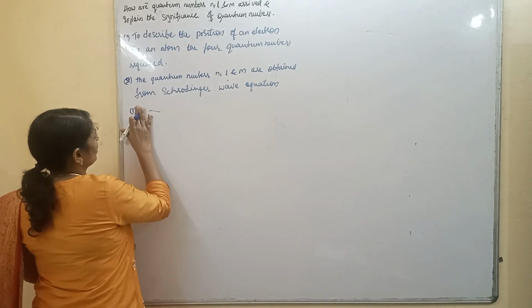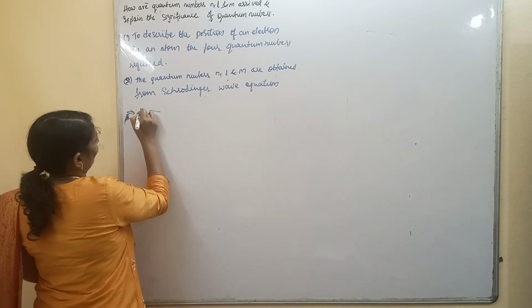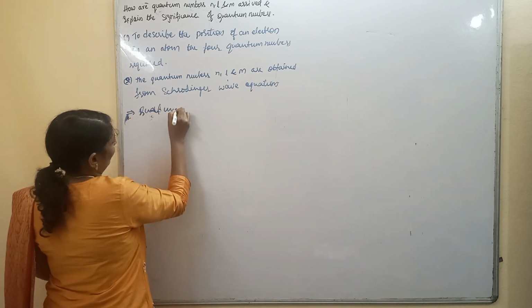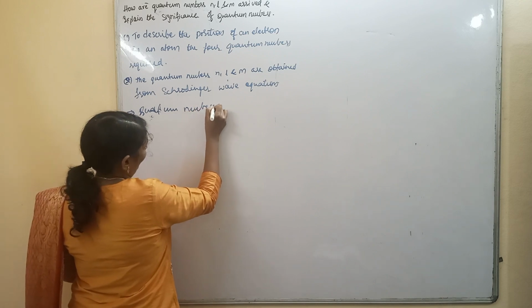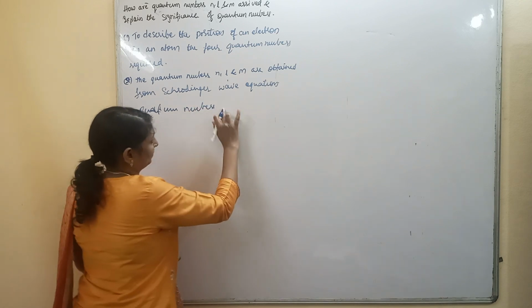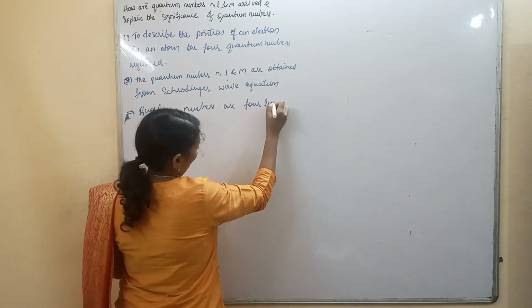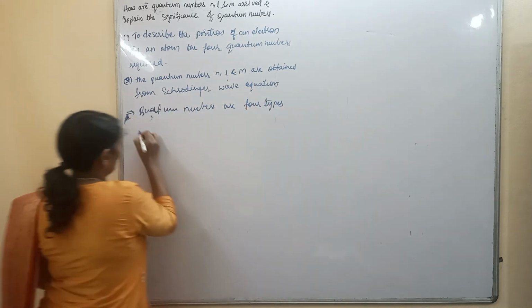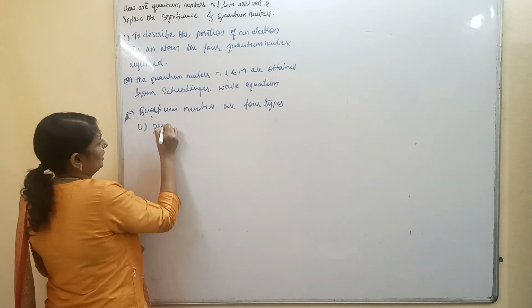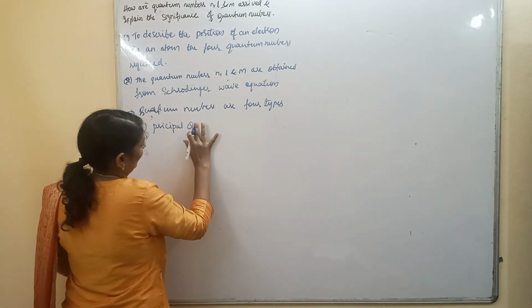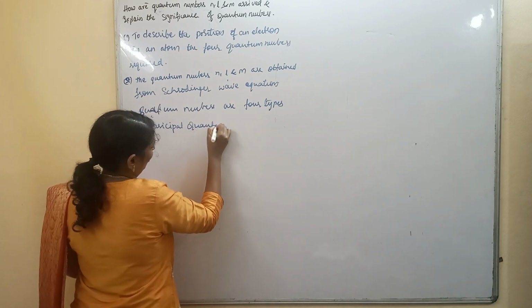Quantum numbers are four types. First one is the principal quantum number.